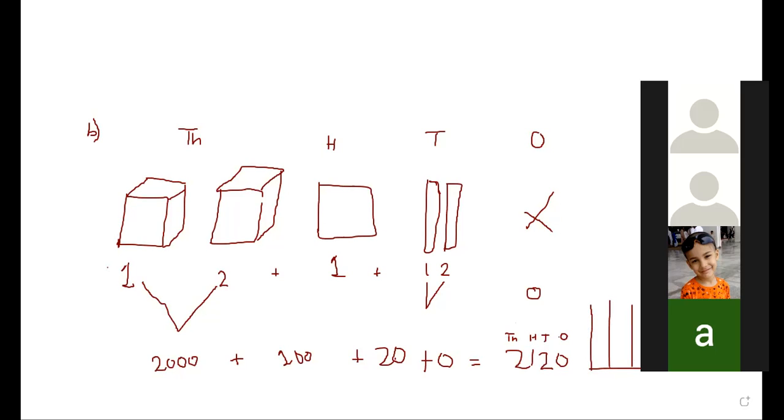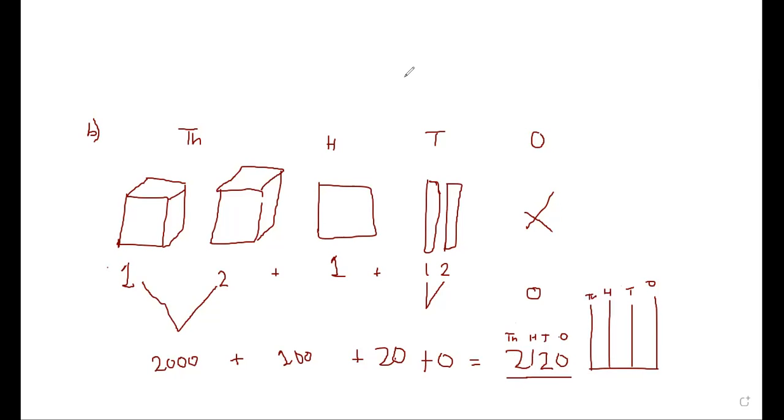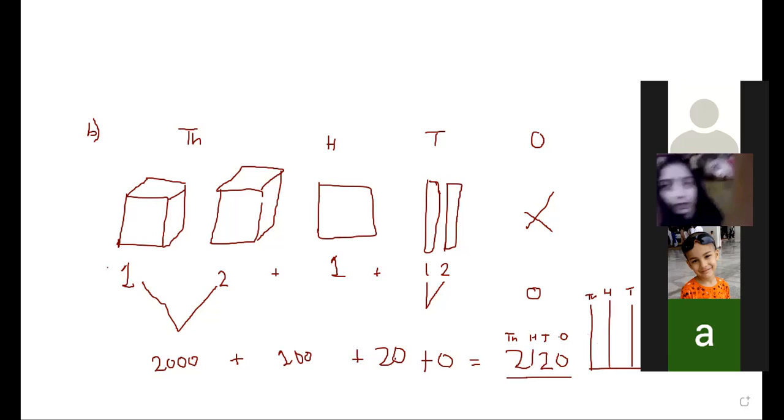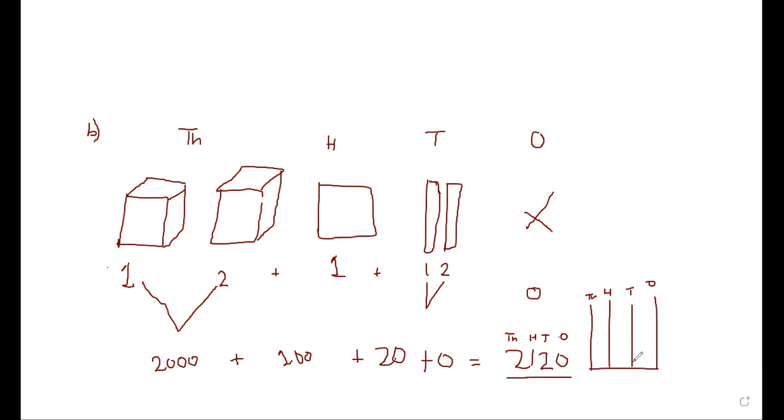Ones, tens, 100, and 1000. So, how many ones do I have in this value? 0. I have 0 ones. So, I am not going to draw any bead in this line. Now the turn of tens. How many tens do I have? I have 2 tens. So I'm going to draw 2 beads on this line.